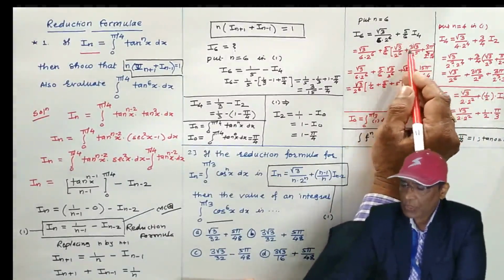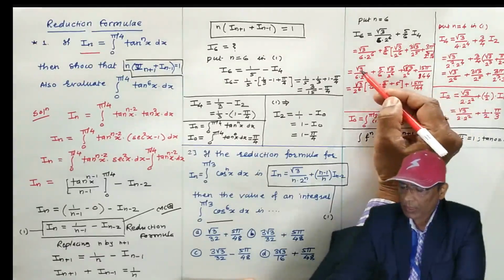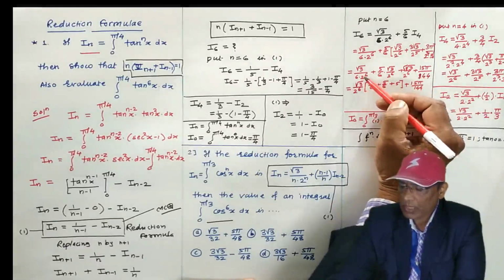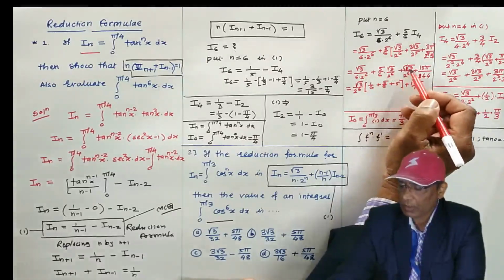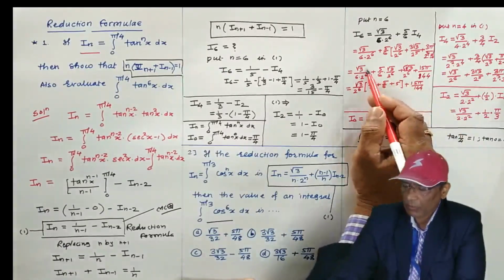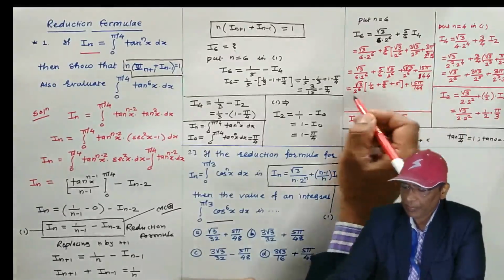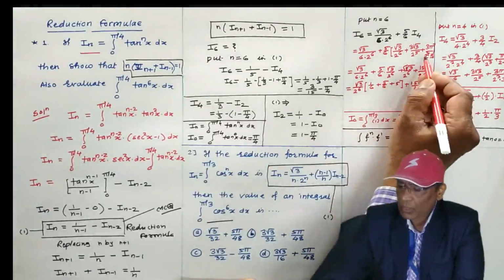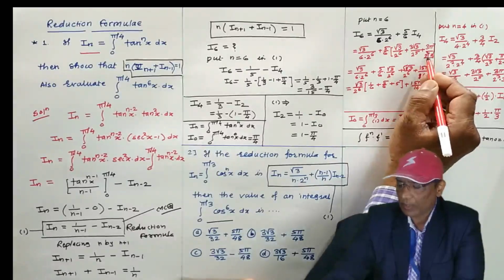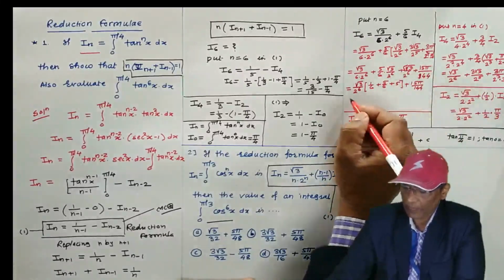Then multiply each term by 5 by 6. This I am getting. Then root 3 by 2 raised to 6 is common. Root 3 by 2 raised to 6 I have taken common. Then 1 by 6, 5 by 6 and 5 will remain. This 2 raised to power 3 multiplied by 3 is 8, 24. 24 multiplied by 6 is 144.